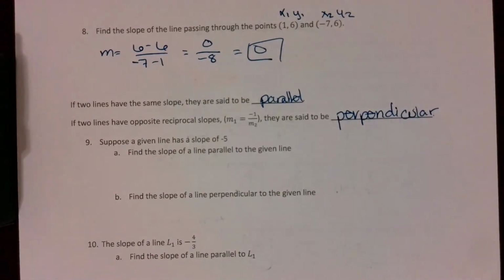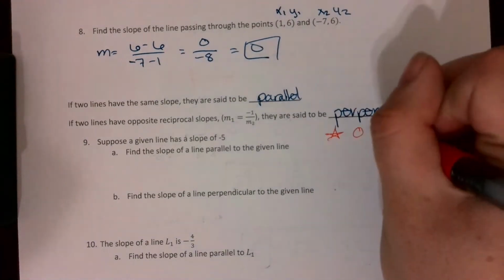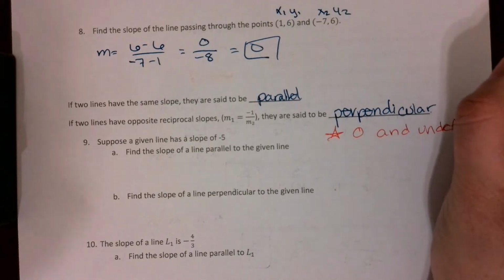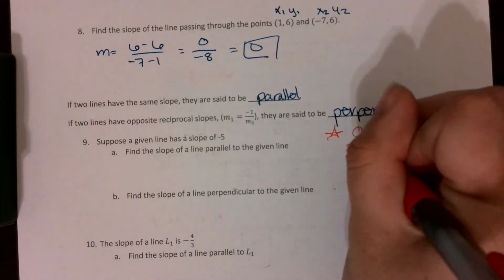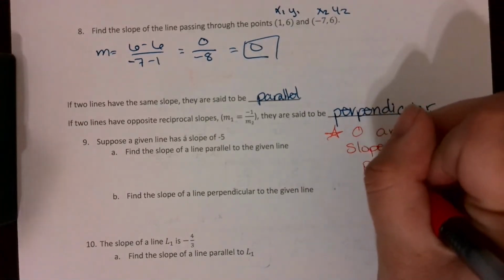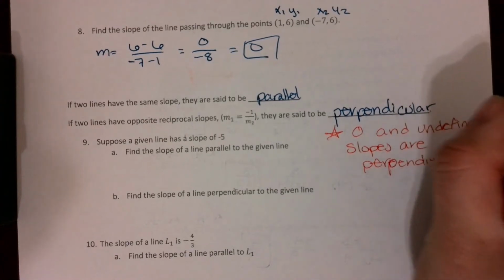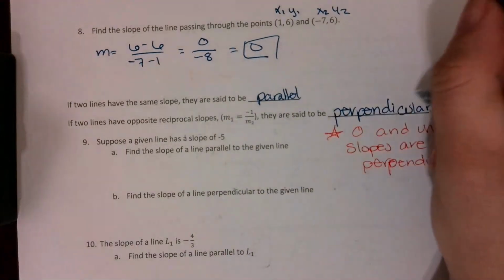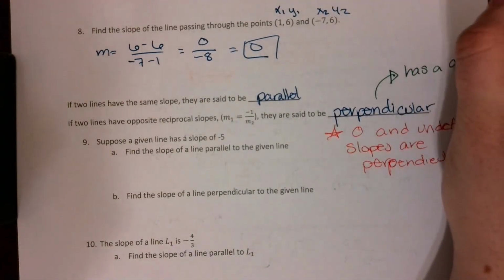And one thing I want to point out here: 0 and undefined slopes are perpendicular. Remember, perpendicular means has a 90-degree angle.